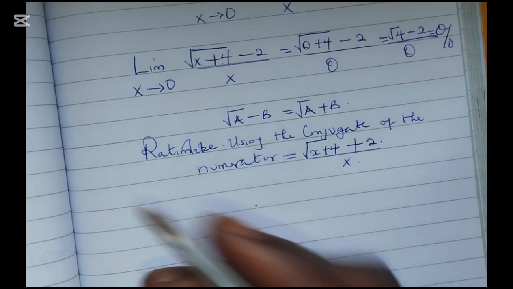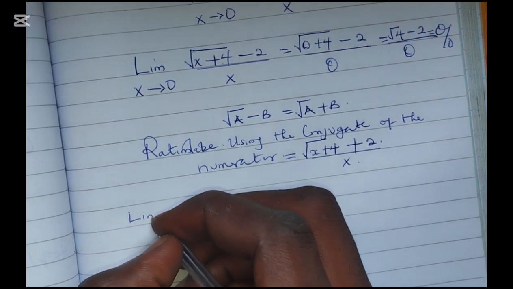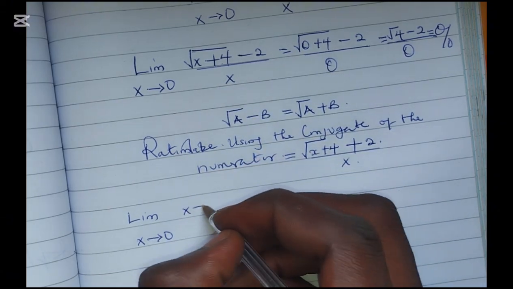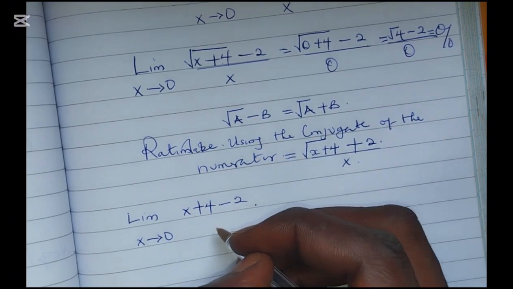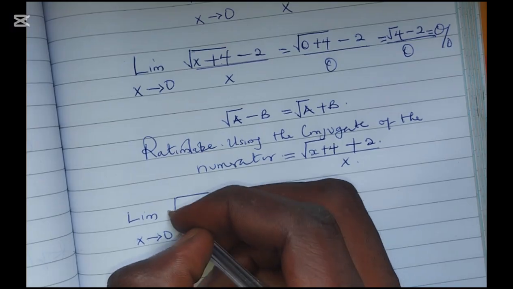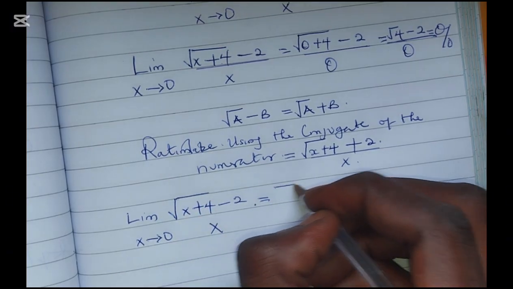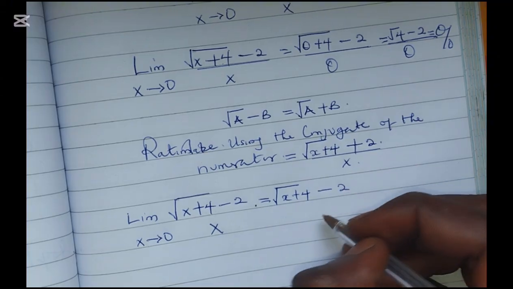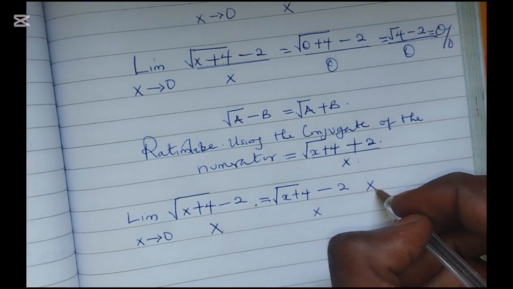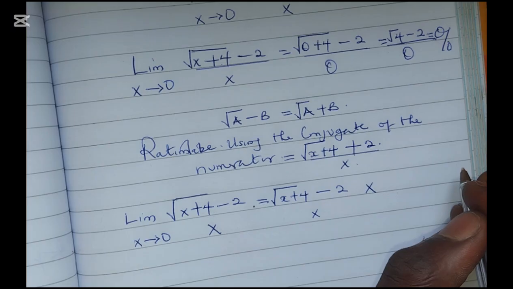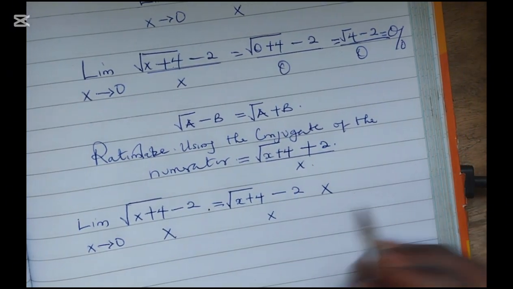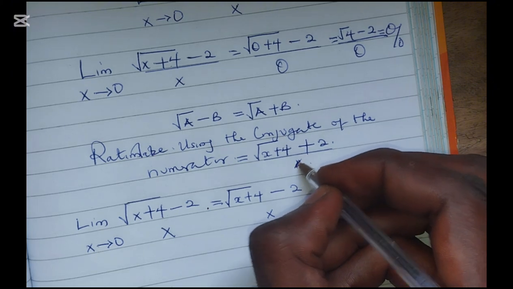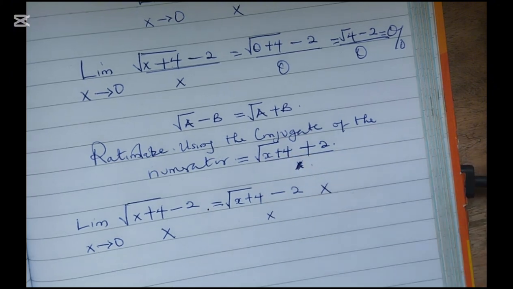So we have the limit as x goes to 0 of root of x plus 4 minus 2 all over x, equal to root of x plus 4 minus 2 all over x, and we are multiplying the top and the bottom by the conjugate of this, which is root of x plus 4 plus 2, without the x.